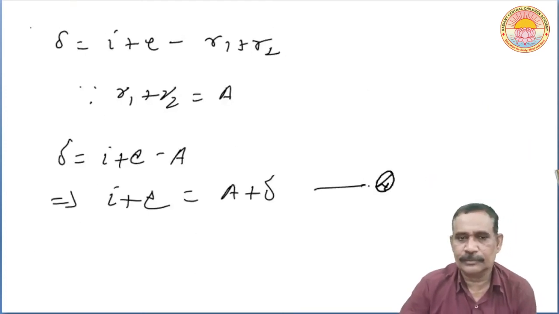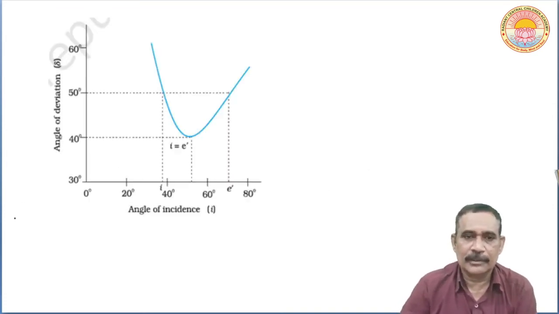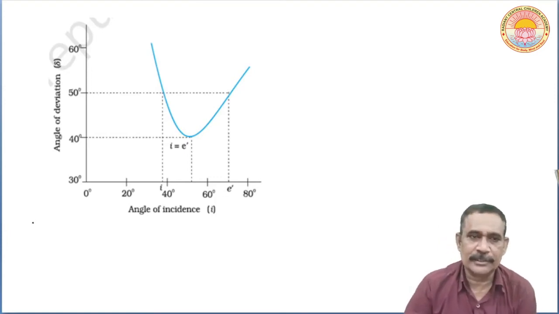Now with the help of a graph, here we have plotted the graph between angle of incidence versus angle of deviation. It is also called the I-D curve. With the help of the graph, when I equals E, the angle of incidence and angle of emergence are equal.